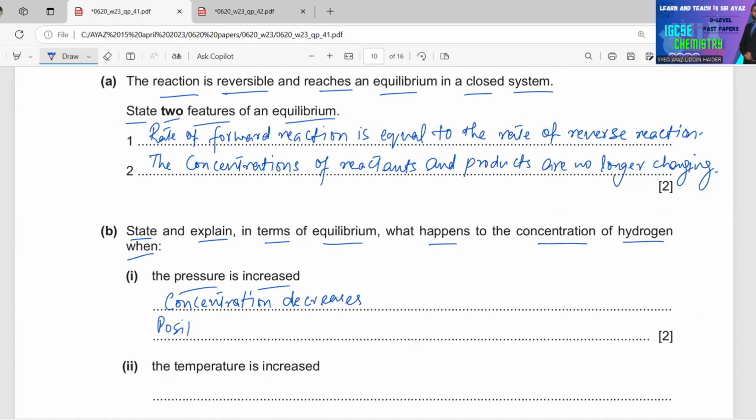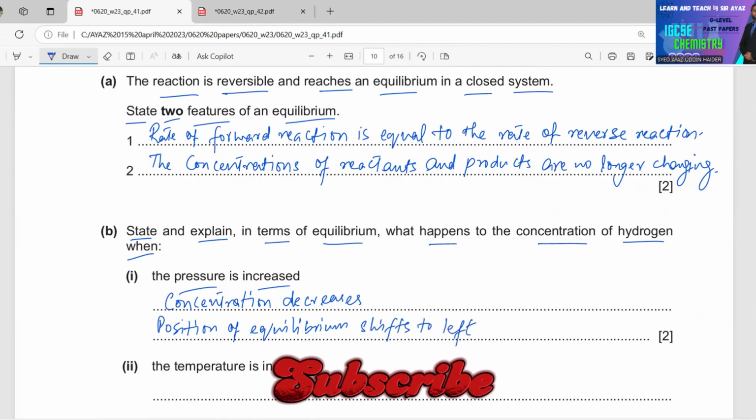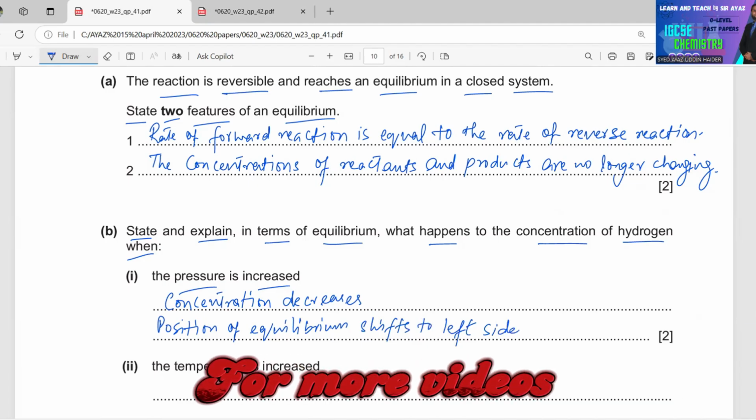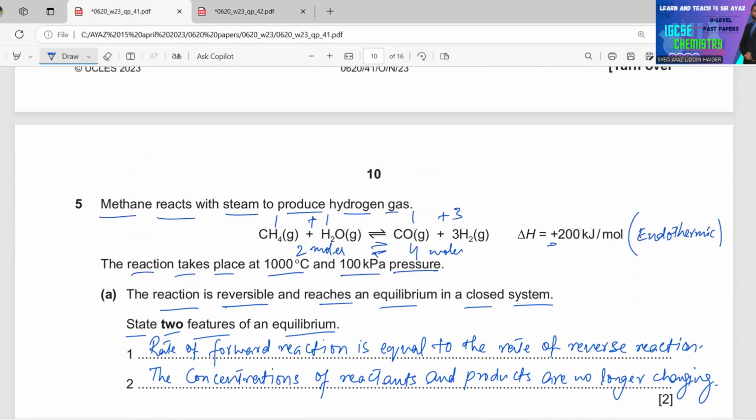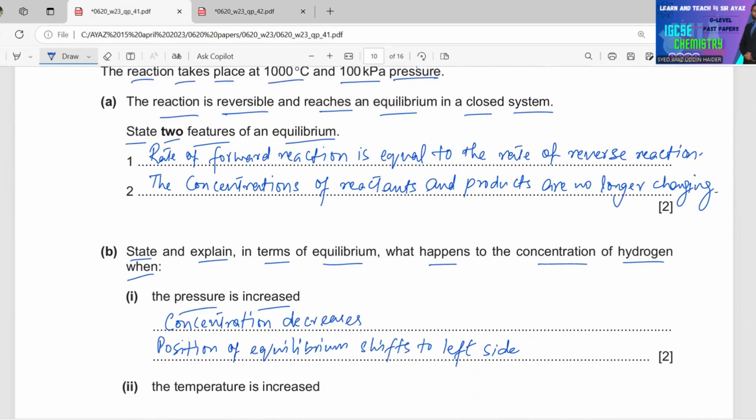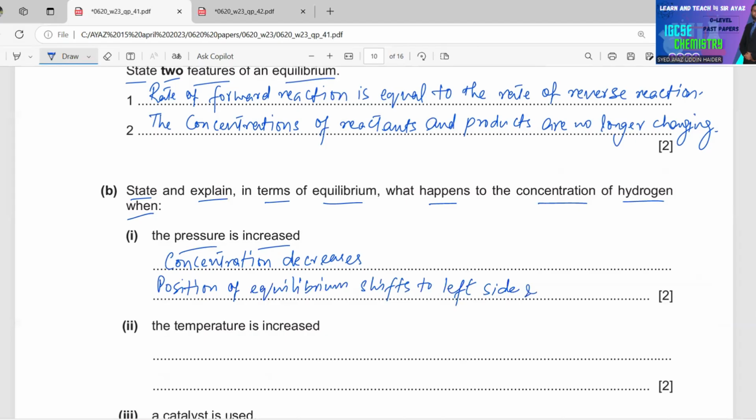Position of equilibrium shifts to left side. And you can see there will be fewer moles of gas on left hand side. As we have already mentioned, there are 2 moles of gases on the left hand side, and few moles of gas on left hand side.